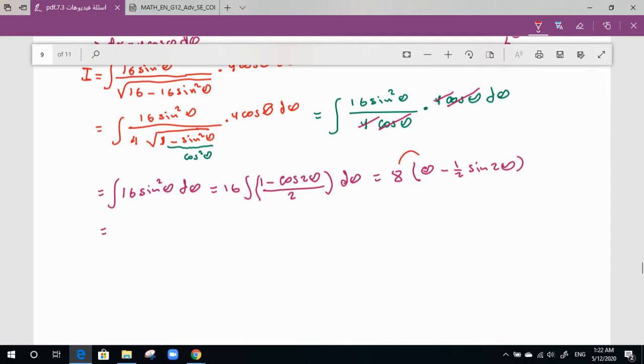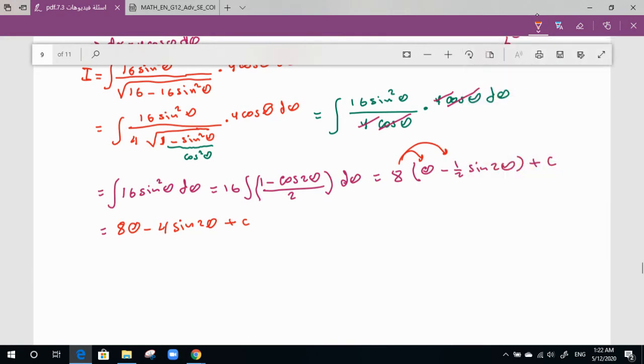Distributing the 8 to the bracket, 8 times theta is 8 theta, and 8 times 1 over 2 is 4 sine 2 theta, plus c.